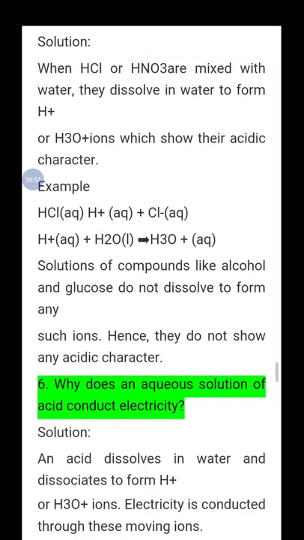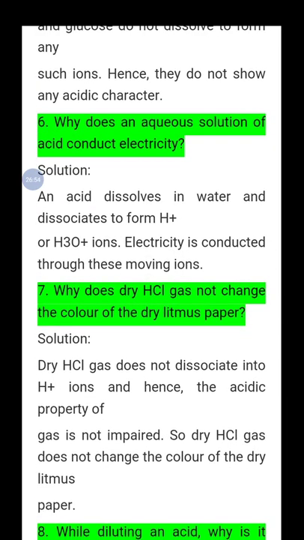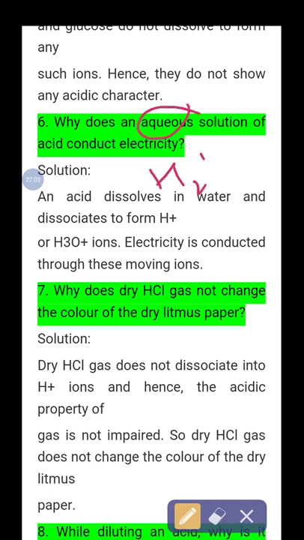Okay, next one. Why does an aqueous solution of acid conduct electricity? Because it is an aqueous solution, and aqueous means it has water. Water means the presence of H+ ions or hydronium ions, and to conduct electricity, hydrogen ions or hydronium ions are compulsory.